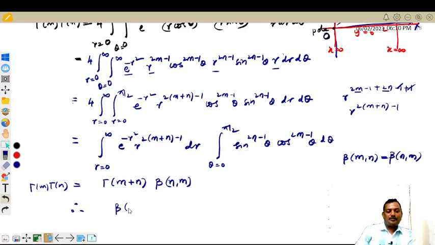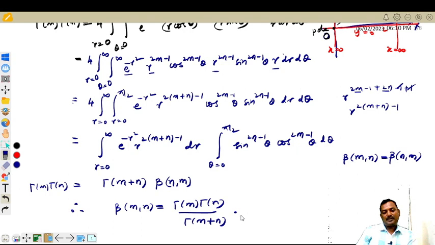Therefore beta of m comma n is equal to gamma of m into gamma of n divided by gamma of m plus n. Keep this as it is, beta of n comma m is replaced by m comma n, and cross multiply it. So this is the required proof of relation between beta and gamma function.